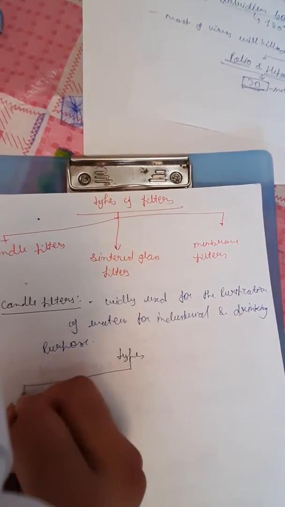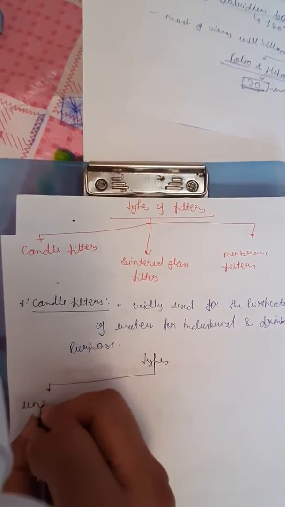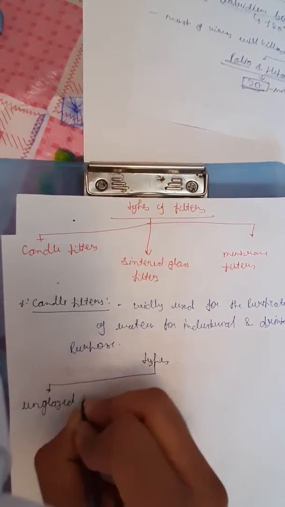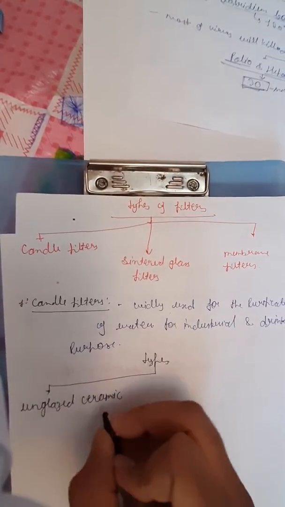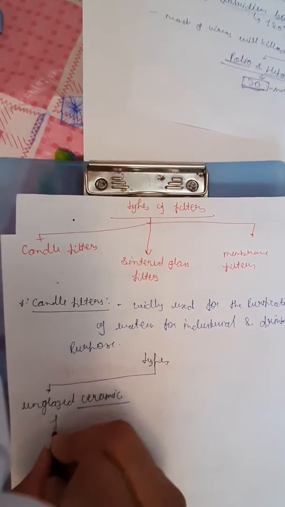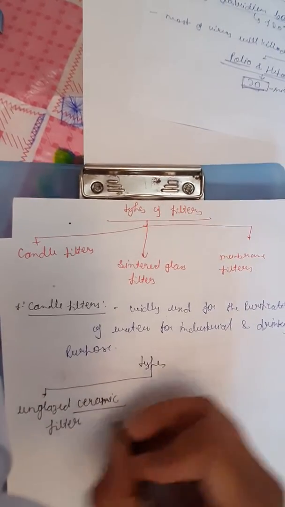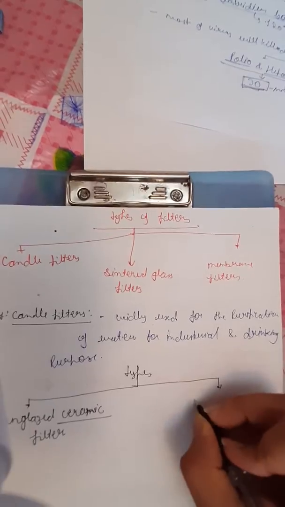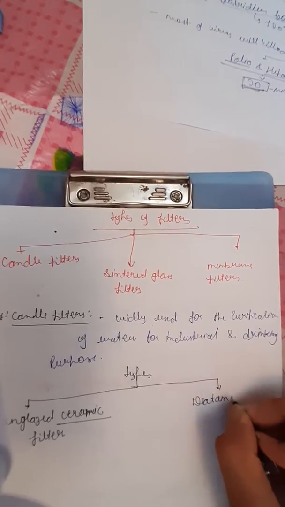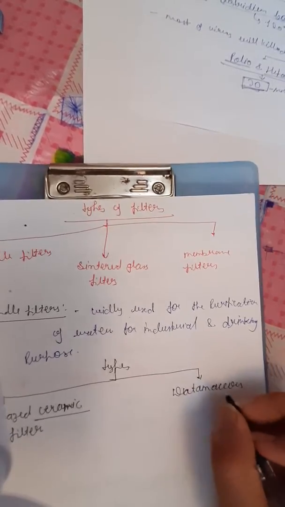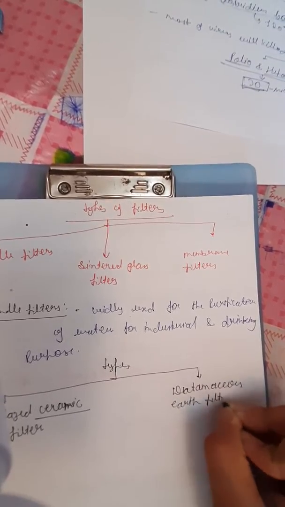Here we will get unglazed ceramic filters, and the second one is diatomaceous earth filters.